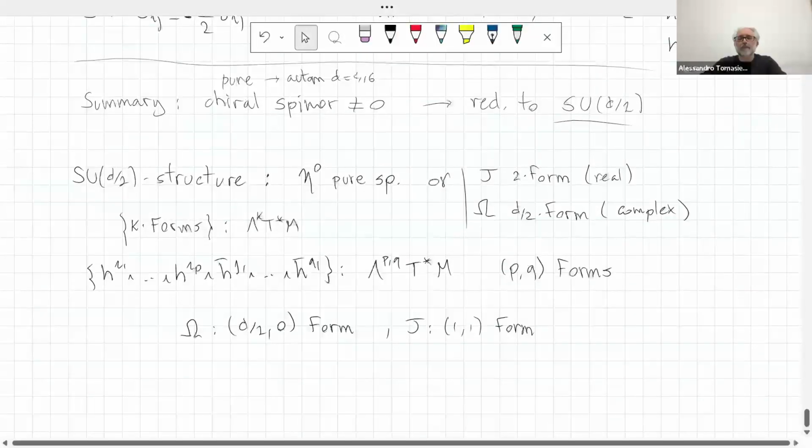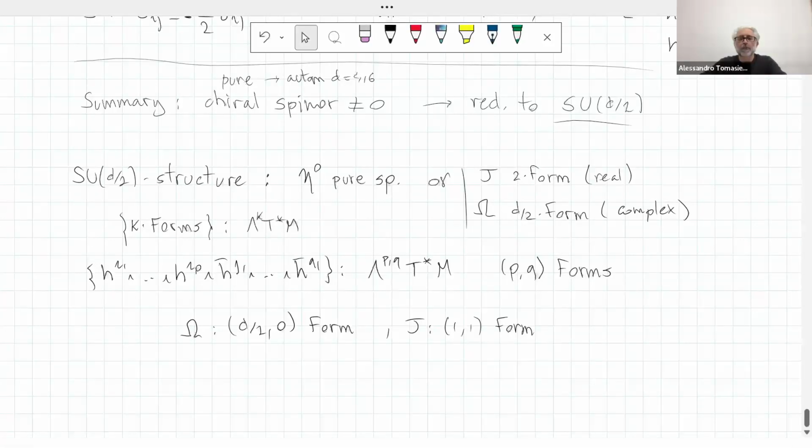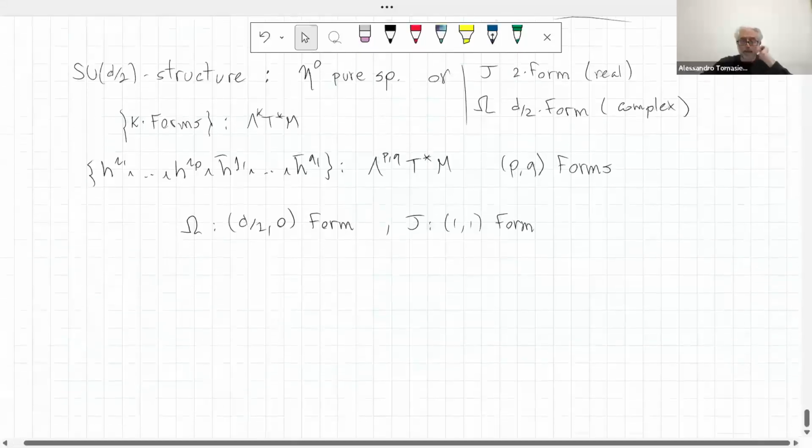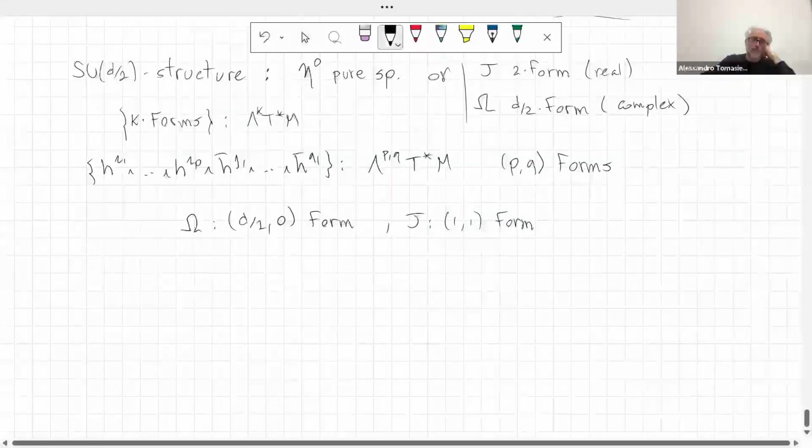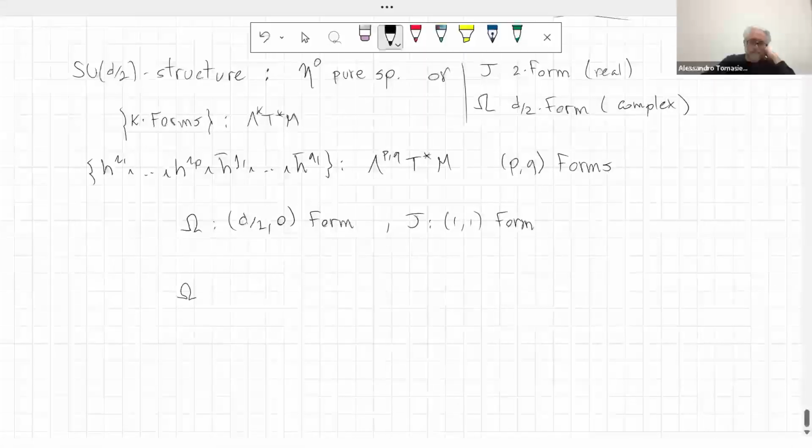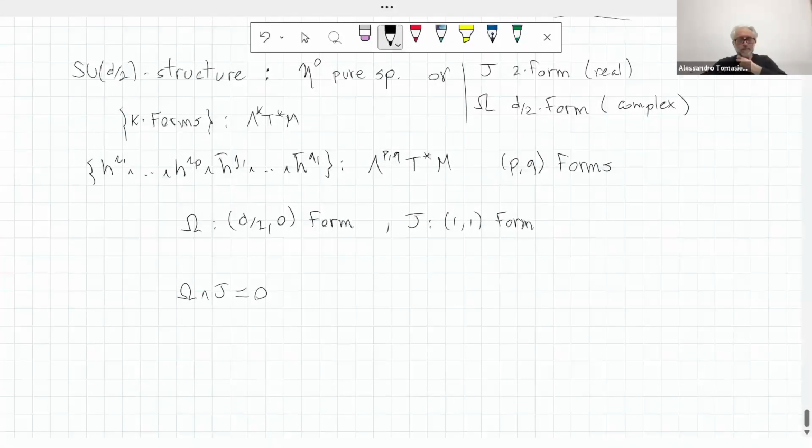Now, I can already tell you, as promised, a couple of properties. So one is the following. Why do I say this?